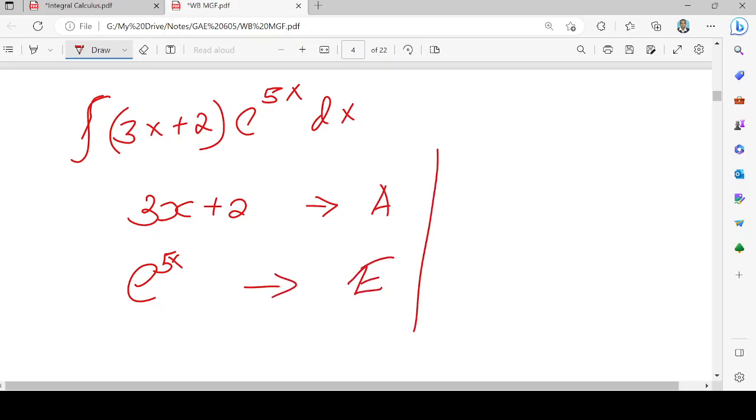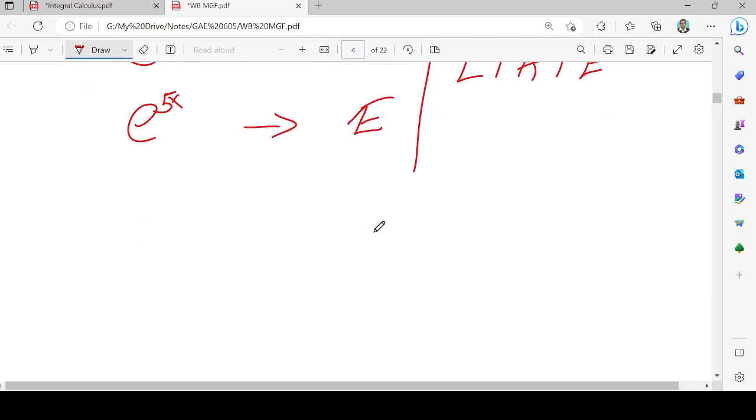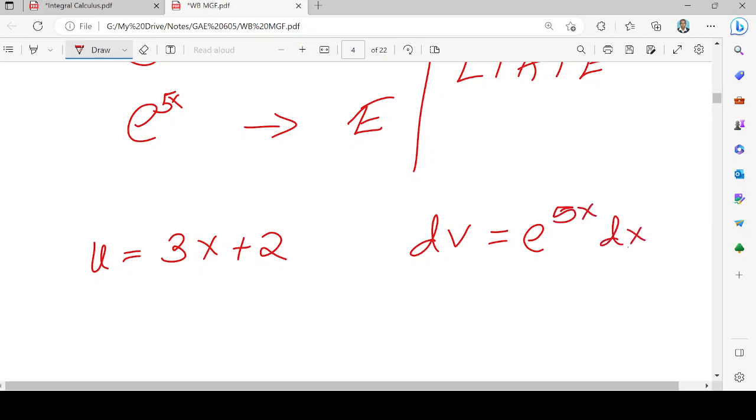Then we check. We want to find out which one comes first, A or E, in our acronym. A comes before E, meaning that u is set to be 3x plus 2, and dv is equal to e raised to power 5x dx.